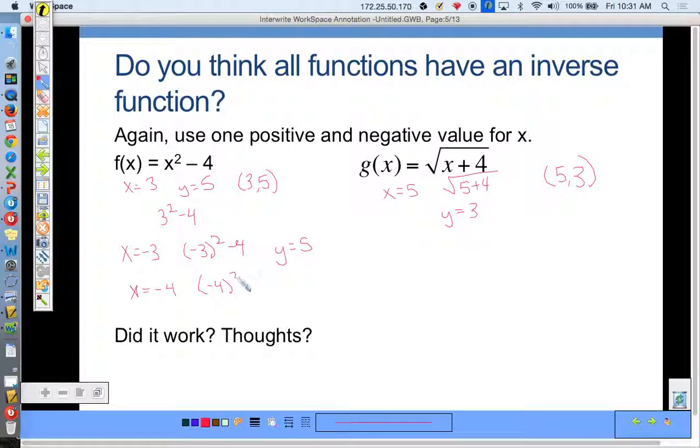Negative 4 squared minus 4, so 16 minus 4, gives us y equals 12. When we plug in 12, we get the square root of 12 plus 4, so we're plugging in when x equals 12 now. And the square root of 16 is 4. So it doesn't always work. So not all functions will, so this one is not the inverse of this function over here.